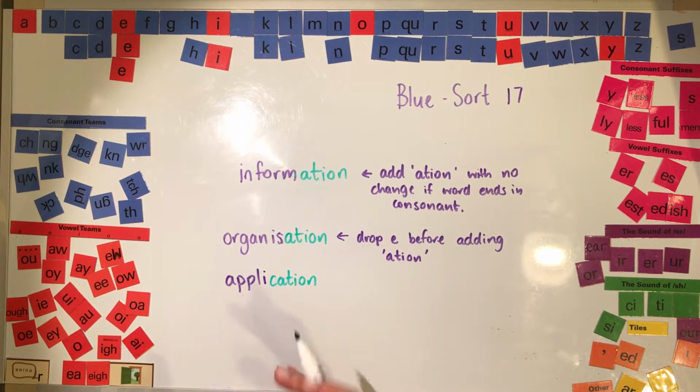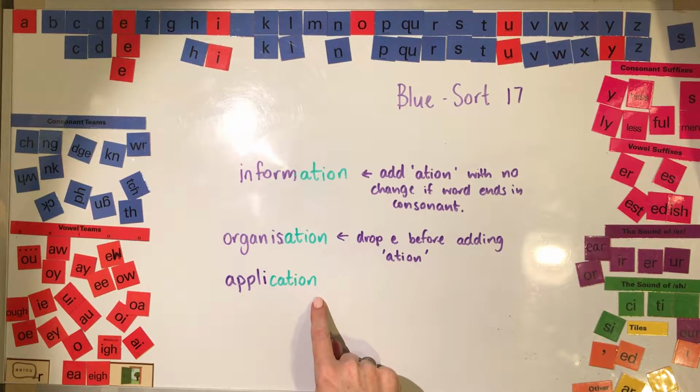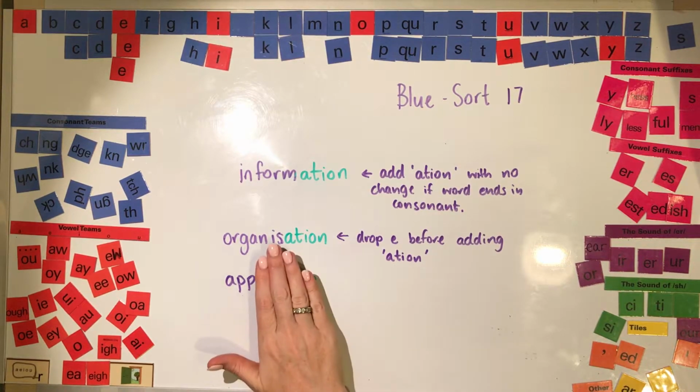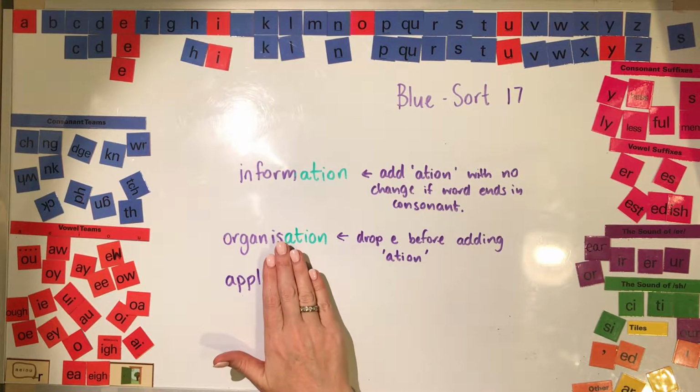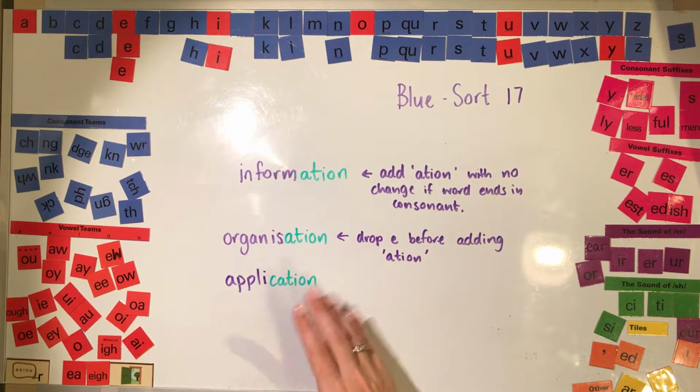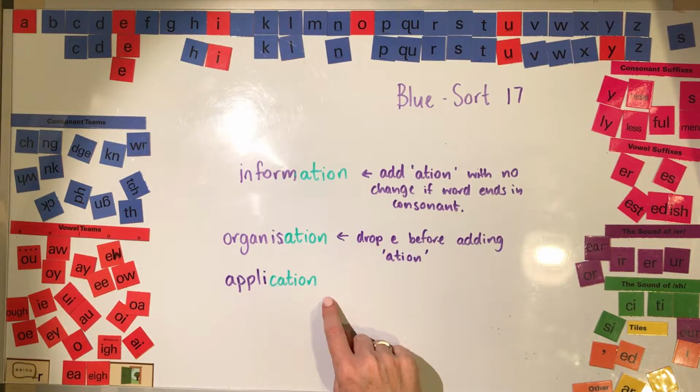That's a really tricky transition. But the good news is, once you've learnt that pattern for one Y word, it's the same for all of the words. And again, I've been really hammering on about this. But application, that's a really tricky word. But if you know the base word is apply, and you know the rule, change the Y to an I and add cation, suddenly you become a boss speller because you understand that rule is actually quite simple. Even though the word, if you were just pulling that off the top of your head, would probably be pretty tricky to get completely correct. So application.